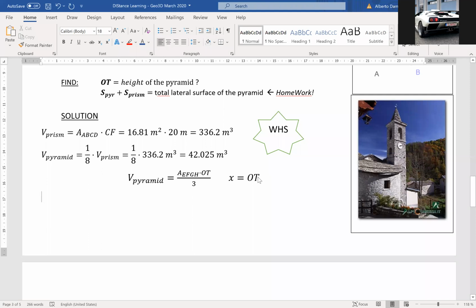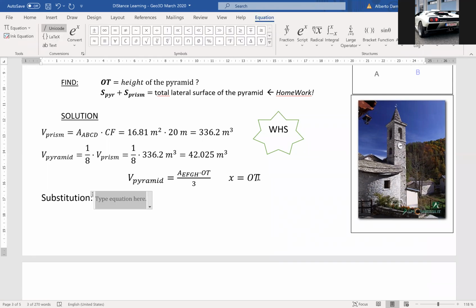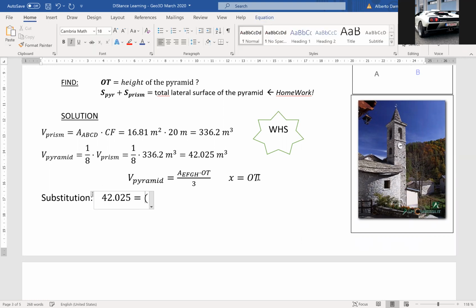So I substitute into my formula all the information. So substitution into the formula. Here it is. The volume of the pyramid, I just calculated it. It's 42.025. And that should be equal to the area of the base, which is 16.81, times the height that I need to find, which is x, divided by 3.